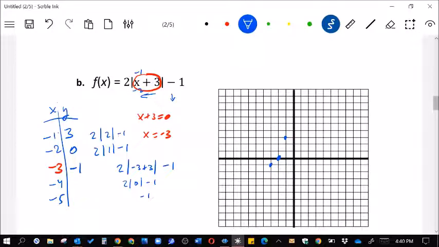Hold on, let me check my numbers here, because this should be a straight line, and one of my ways of checking here is why isn't it a straight line? So let's go back and check these numbers. So if I put -1 here, I see what happened. I did not actually work that one out. So let's take this one and work it out better. 2, -1 plus 3.